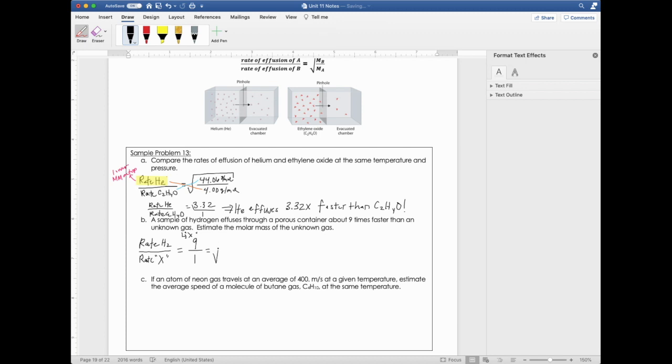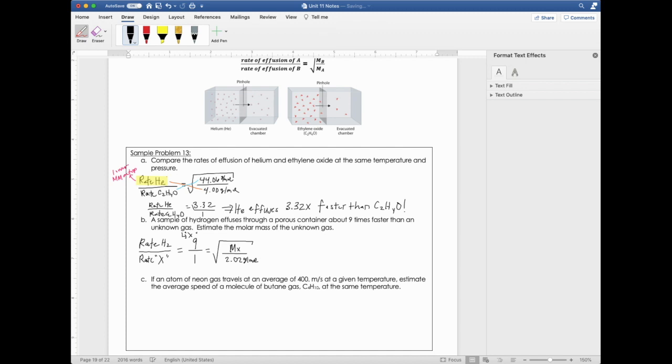Now that we have that settled, we can set up the square root on this side. We want to know the molar mass of x, so I'm going to put a capital M, because that's typically how we denote molar mass. So my molar mass of x over the molar mass of hydrogen. Now hydrogen is diatomic, so its molar mass is 2.02 grams per mole.